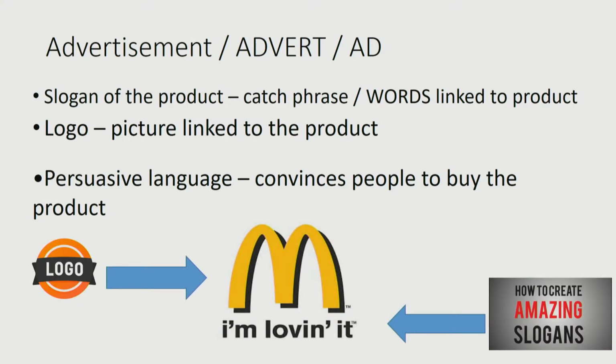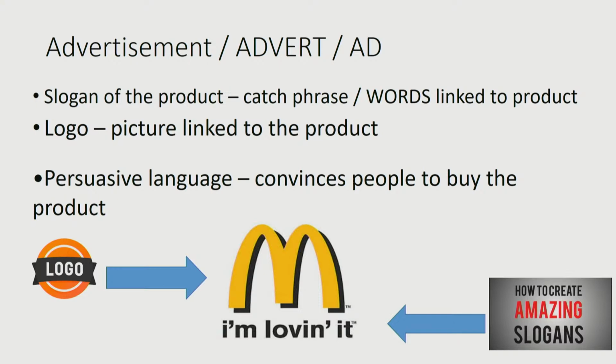Let's start with advertisements. Now, an advert can be an ad, advertisement. It's normally section C, question 3 of your language paper. There are 3 specific keynotes you've got to look at when you read an advertisement. First of all, the slogan of the product.